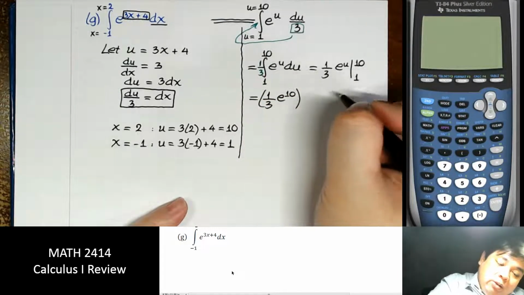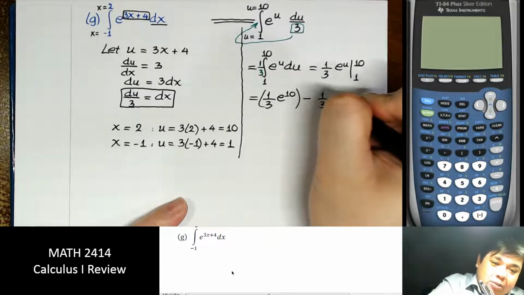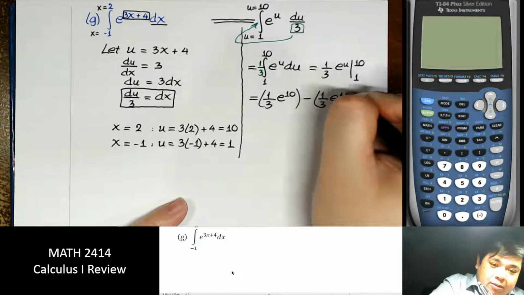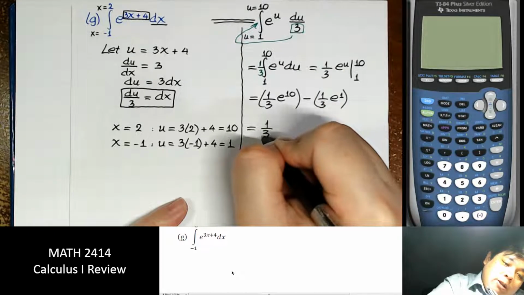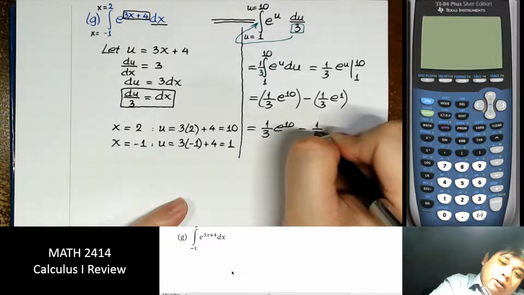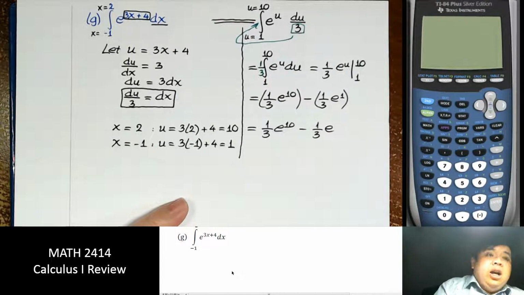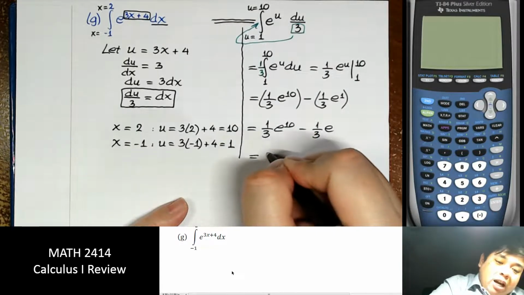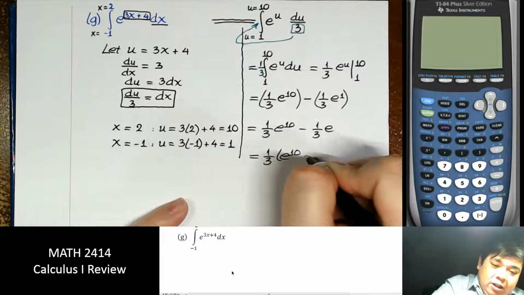And then put 1 in for u. And subtract them. e to the 10. e to the first, it itself, just e. If we want to, we can factor out 1/3. e to the 10 minus e.